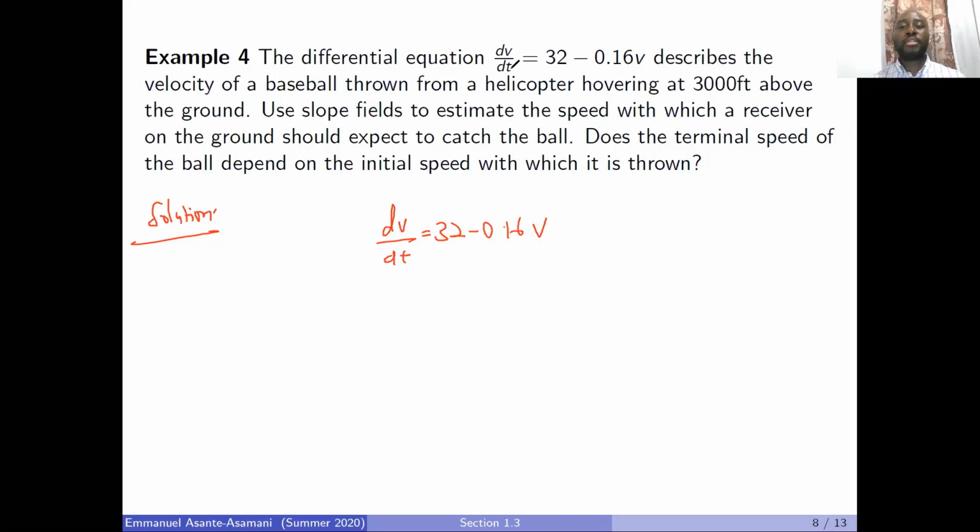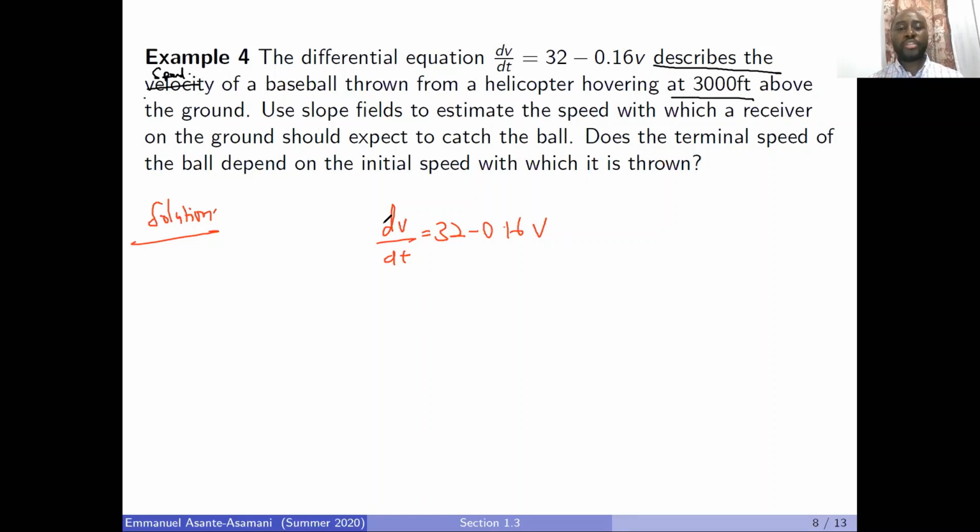Now this differential equation is describing the speed or the velocity. I guess in this case it's scalar, so this is really just the speed of a baseball thrown from a helicopter that is hovering at 3,000 feet above the ground. Now imagine that you throw this baseball with some initial velocity.